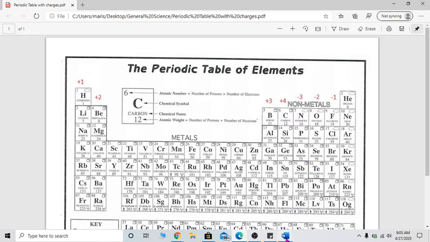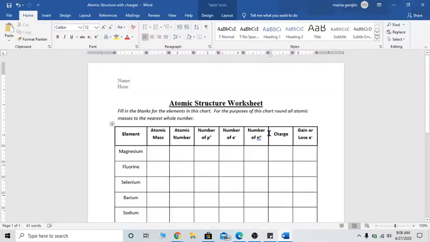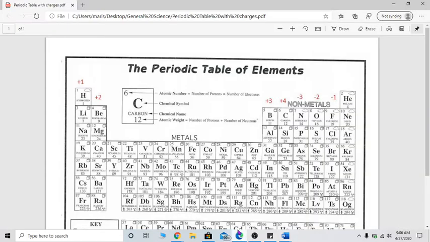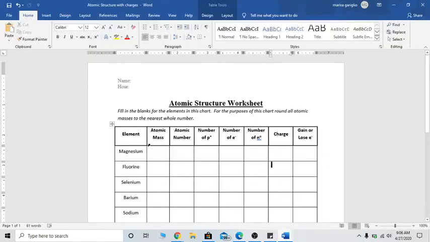All right. So let's go back to page 19. So magnesium. If I find magnesium on here, it's right here. It has a plus 2 charge. We have an atomic number of 12 and an atomic weight of 24. So I'll go back here. My atomic mass, which is the same as the weight, 24.